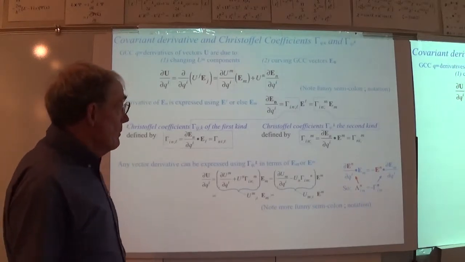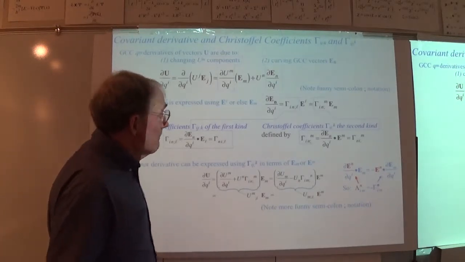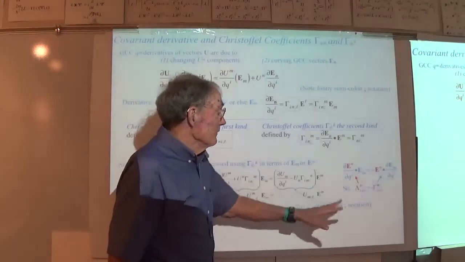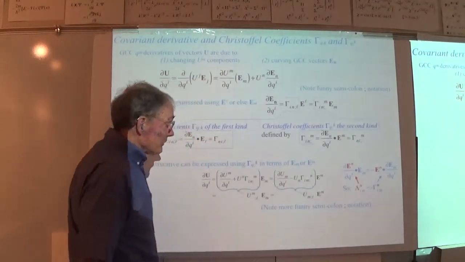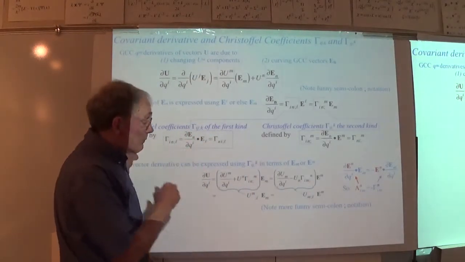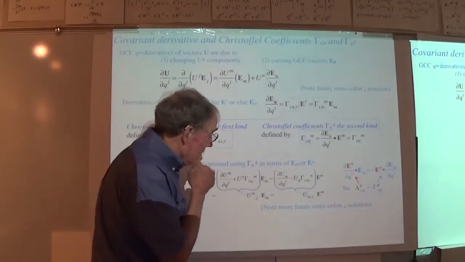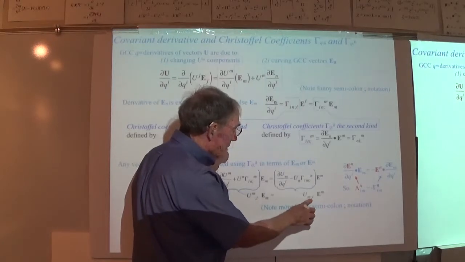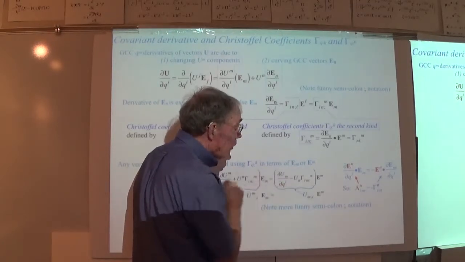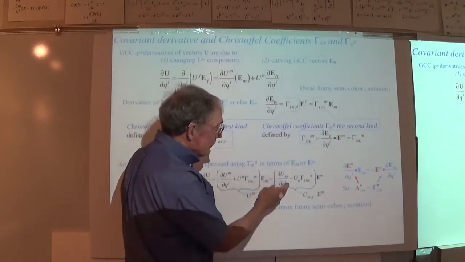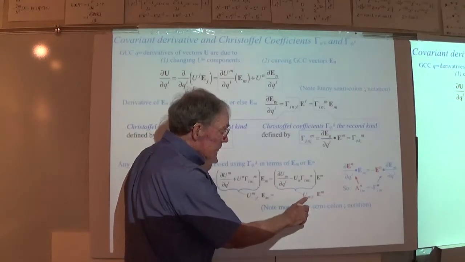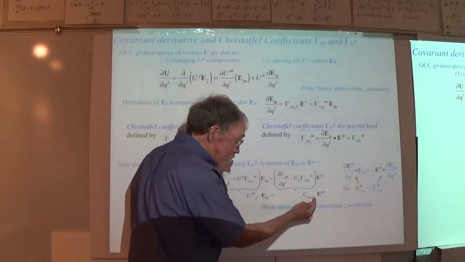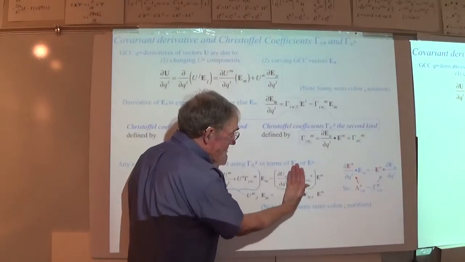Okay, now at this point, I want to point out that this semicolon is, as far as I can see, used everywhere that this kind of formalism exists. And I'm putting a semicolon here when I talk about the covariant derivative with respect to qi. I'm saying semicolon i instead of comma i, which you would do if it was just that thing right there.